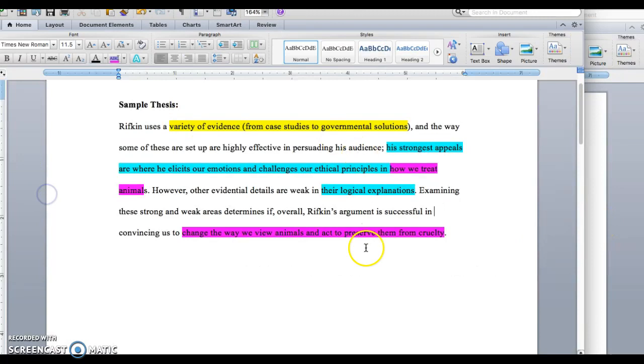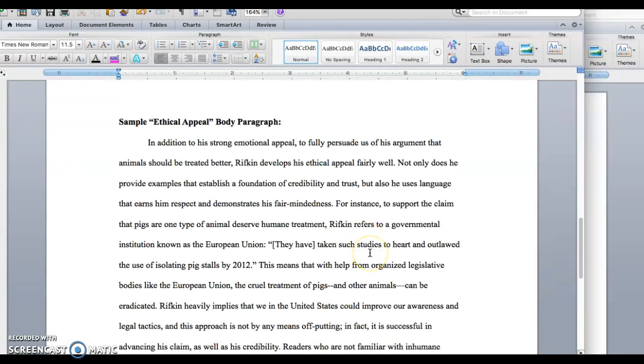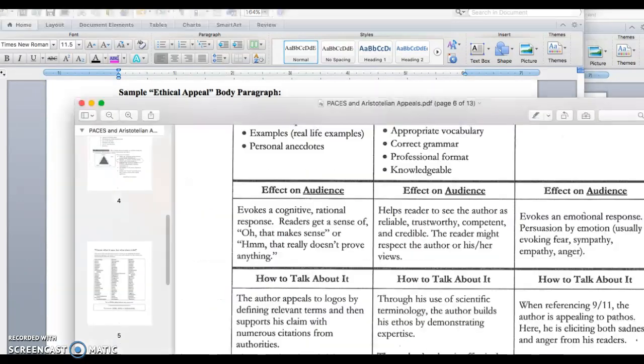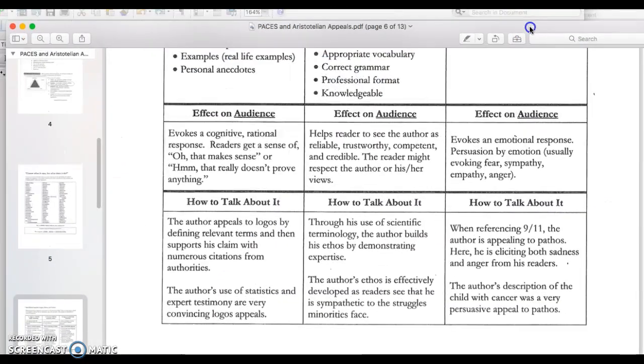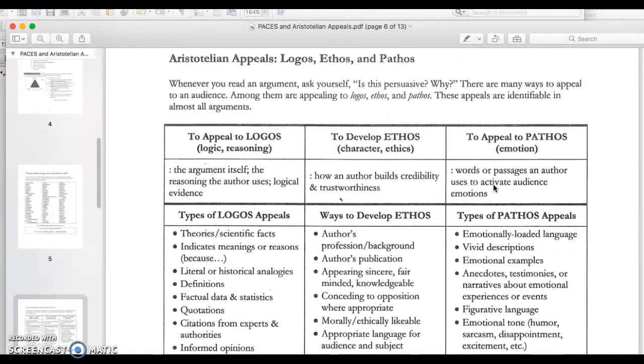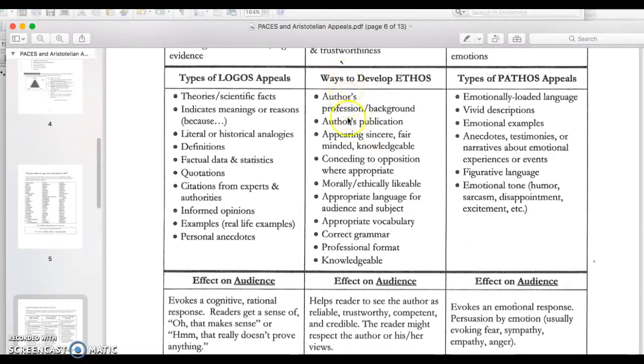I'm going to go on and read you a body paragraph on ethical appeal. This is me just focusing on developing one body paragraph on ethical appeal. And there's a lot to unpack. If I use language from this chart, it's not easy, I think, the first time you do this if you've never come across rhetoric. So I can help you with this if you're not sure. But I actually looked at this chart for how I can involve more of this language.